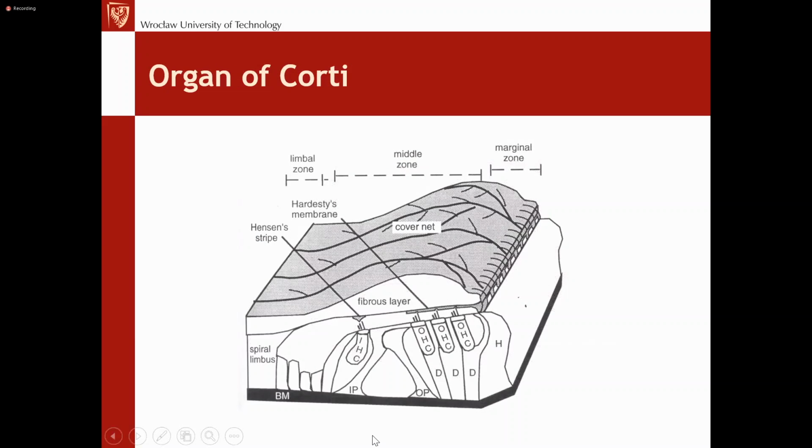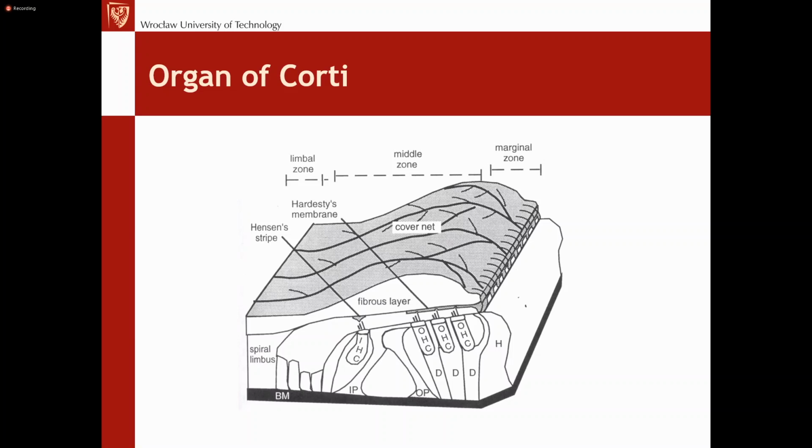In this picture, you can imagine how it works. We have here a basilar membrane, and outer hair cells as well as inner hair cells, one side of each kind of hair cells is connected to the basilar membrane, and the other end is connected to the hair-sensing membrane. So we can name it the tectorial membrane because there is some kind of cover net.